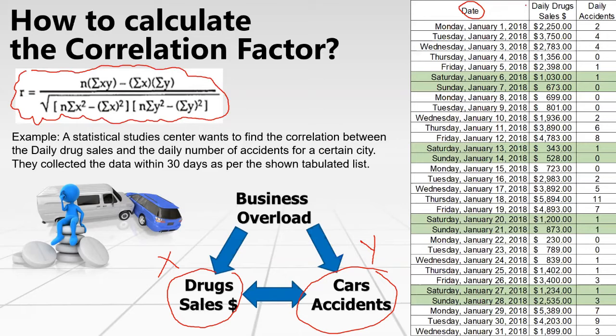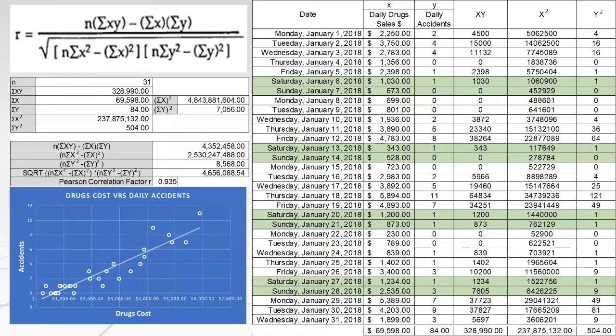So the daily drug sales will be the x, and the daily accidents will be the y. Here again, we replot the table of the data that we have. The daily drug sales is the X column, and the daily accidents is the Y column, or the dependent variable.